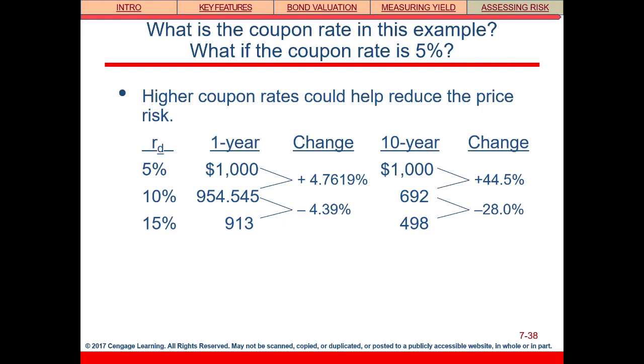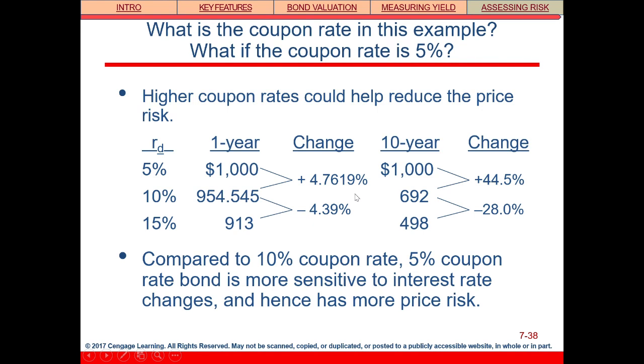But if the coupon interest rate is pretty high, then proportionally a bigger part of the cash flow happens before it matures. Therefore, it can help reduce the price risk. So these two factors: maturity increases price risk, coupon interest rate reduces price risk. That's what we discussed in our previous class.